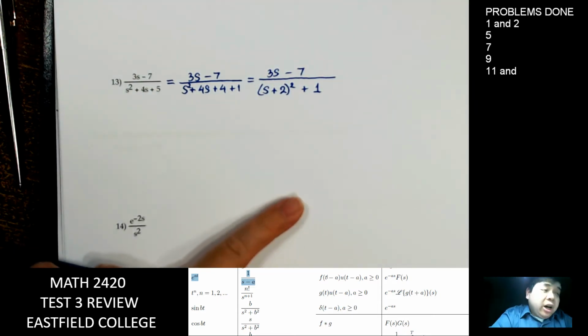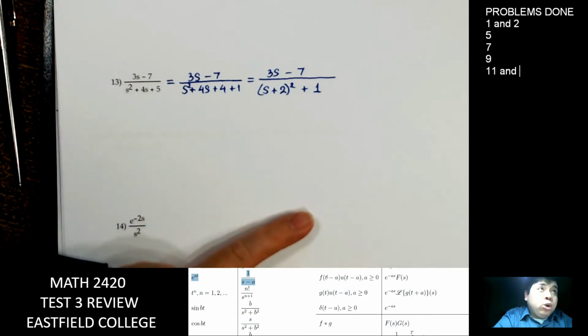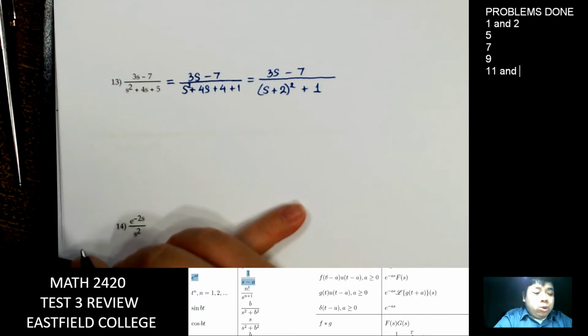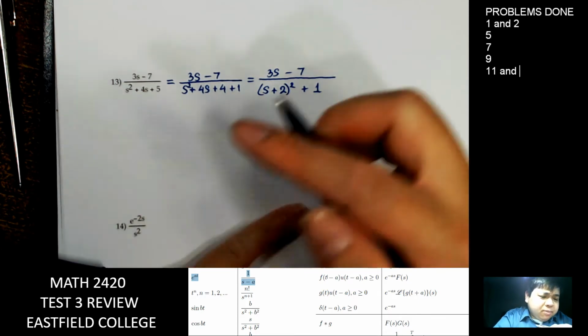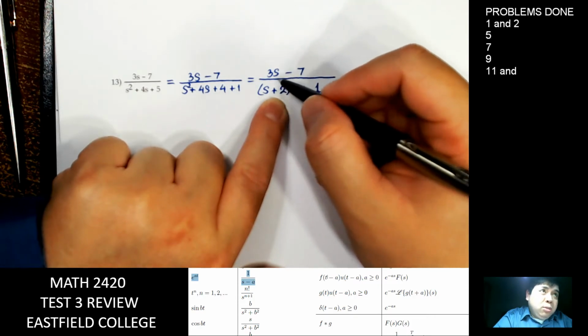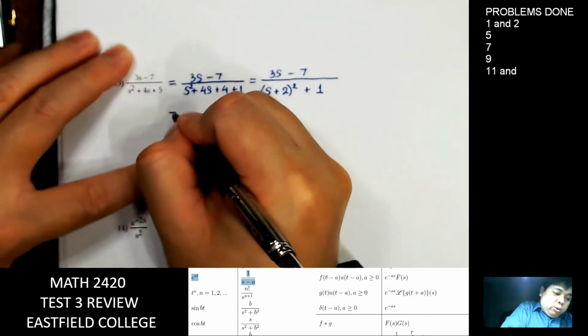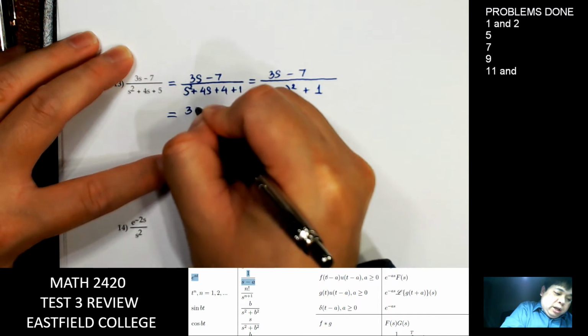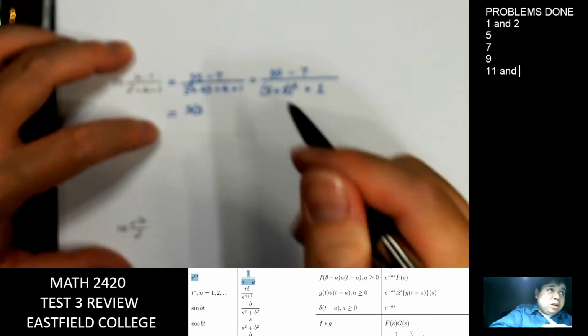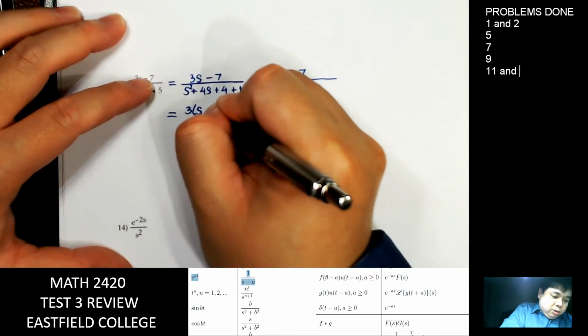Notice that if we cannot factor, we cannot do the partial fraction because the fraction is already reduced. What we need to do is manufacture the x plus 2 on the top. So we'll do the 3 times s plus 2.